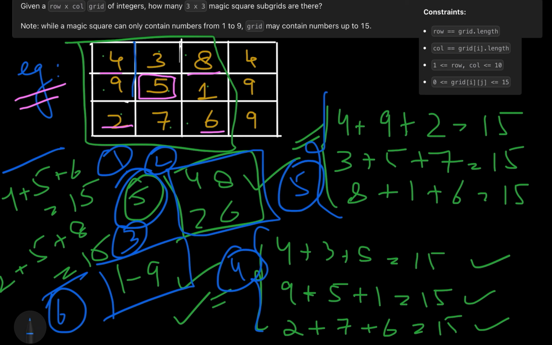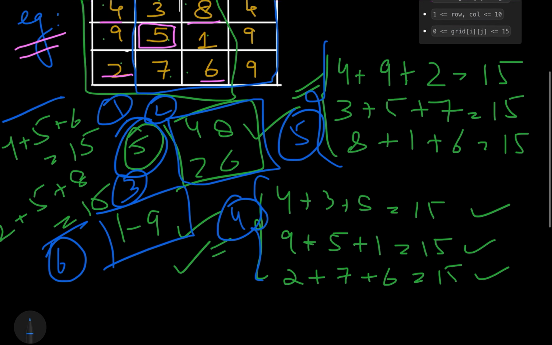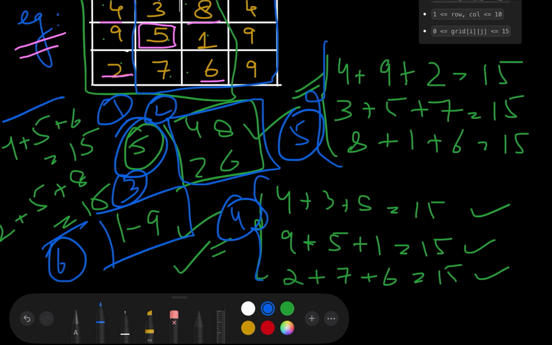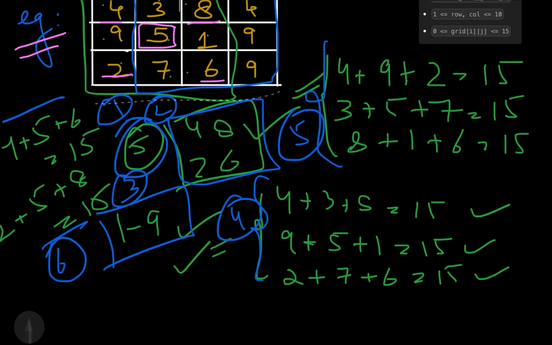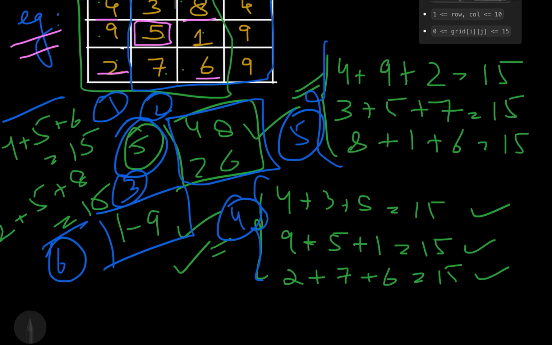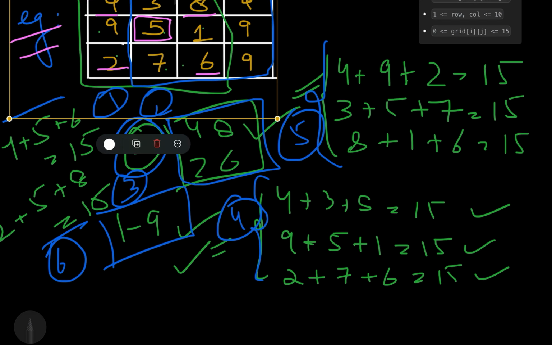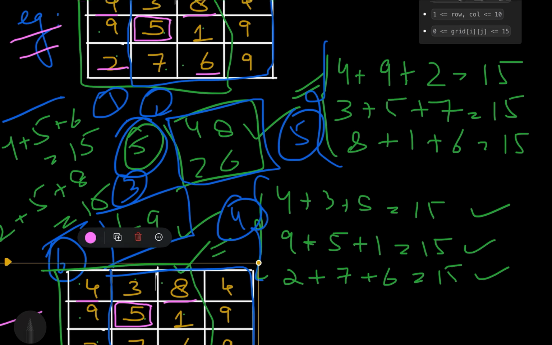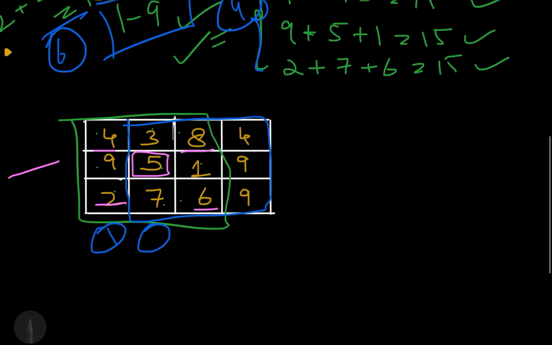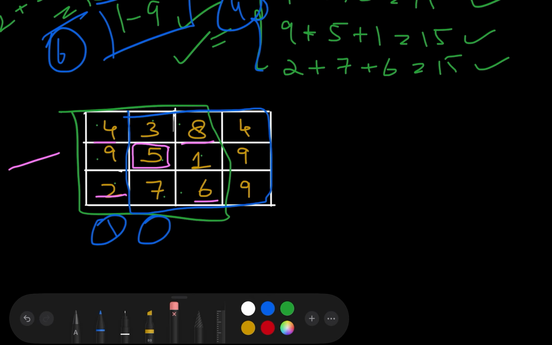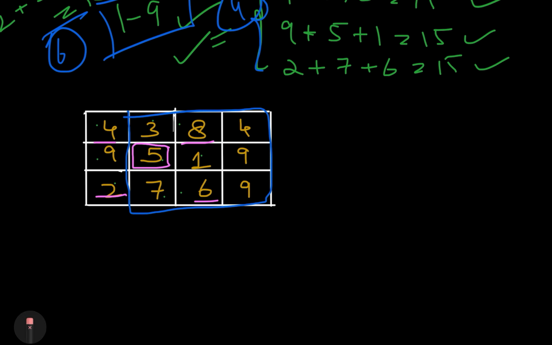Let's take the second subgrid now. Let's duplicate it and bring it down. Let's remove this extra.